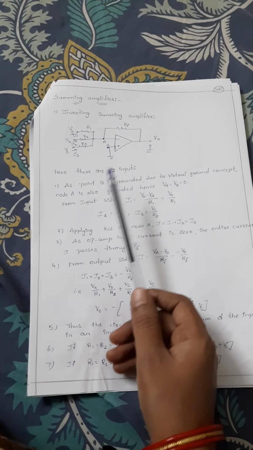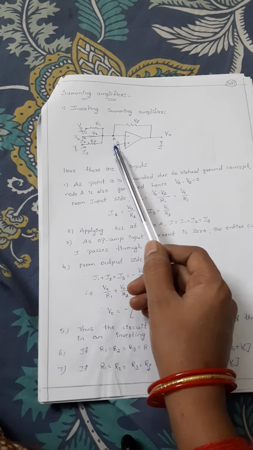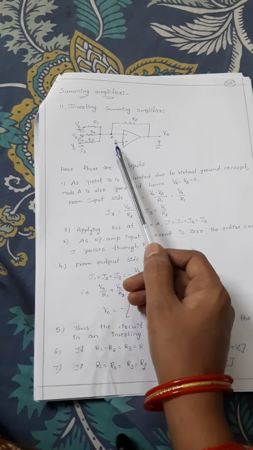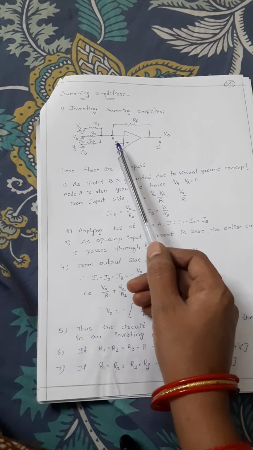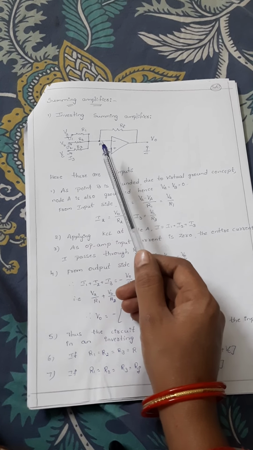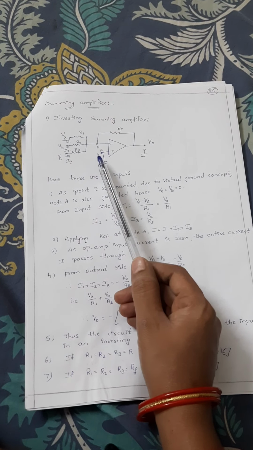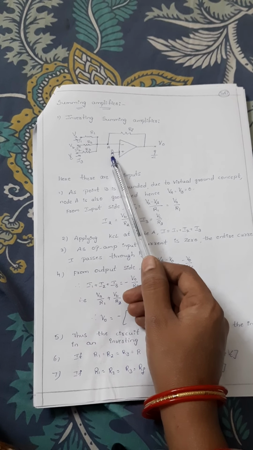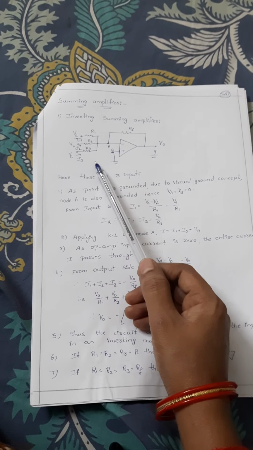Here there are three inputs. This point we are indicating as B, and this point as A. Here point B is grounded, so it will be 0. One important concept is the virtual ground concept. It means whatever the value at one terminal, we take the same value at the other terminal.